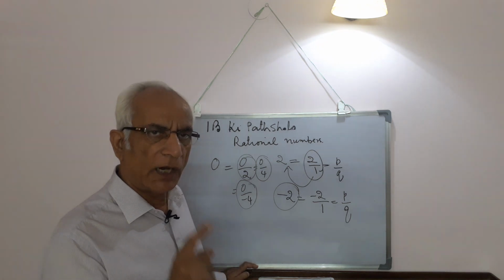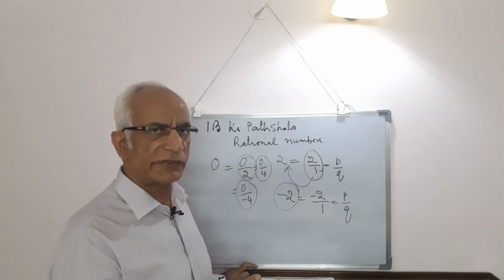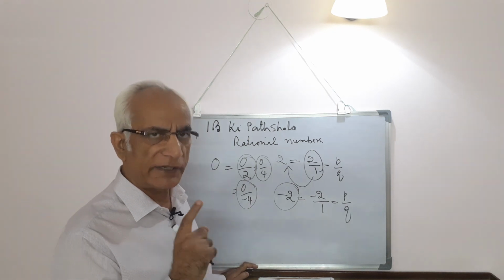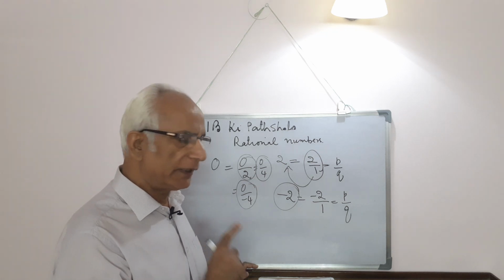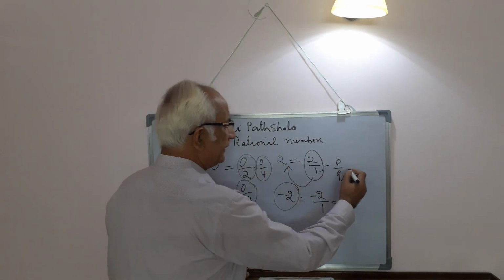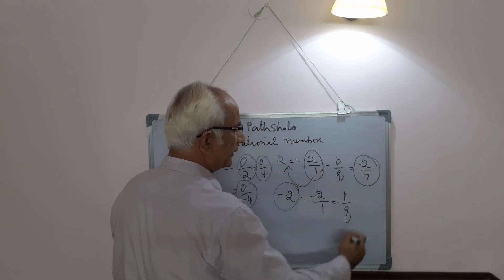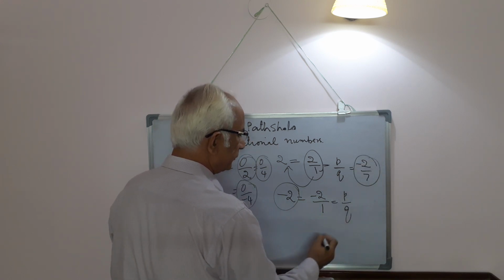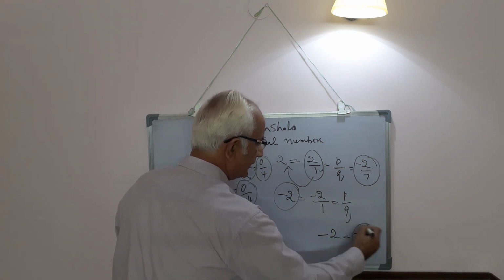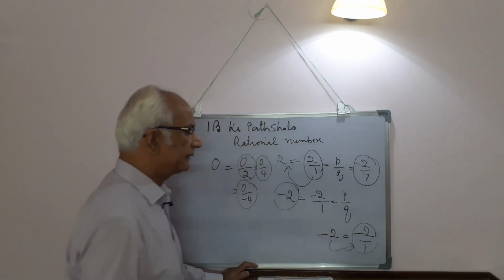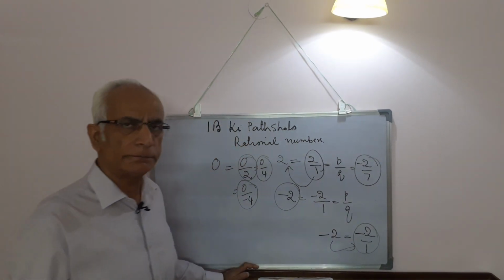Therefore, all whole numbers, all natural numbers, all integers can be expressed as rational numbers. So a rational number can be given in this form. Let us say minus 2 upon 7. This is a rational number. Or if it is simply minus 2, you can change it as minus 2 upon 1. We can rewrite and express it in this form. So this becomes a rational number.